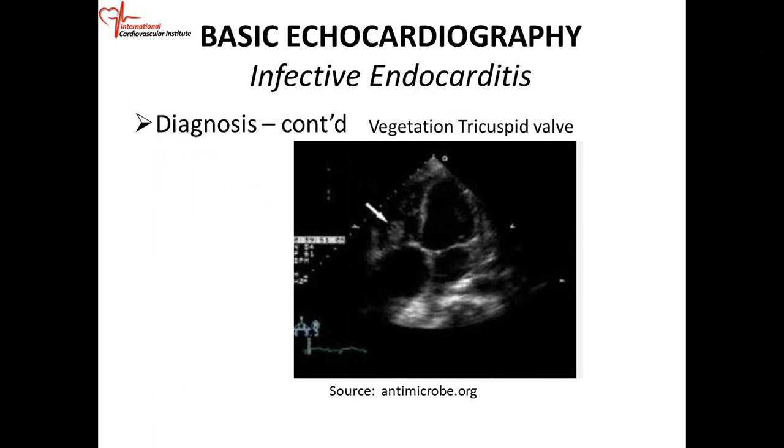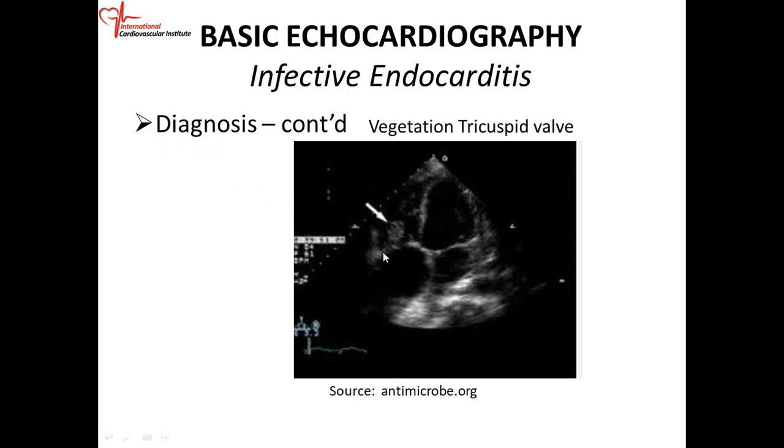But you may get something looking like this. Patient has a nice big vegetation on the tricuspid valve. And if it was in motion, you should be able to tell, is it on the septal or the anterior leaflet?